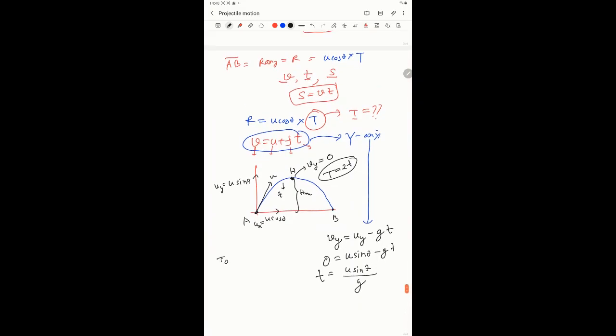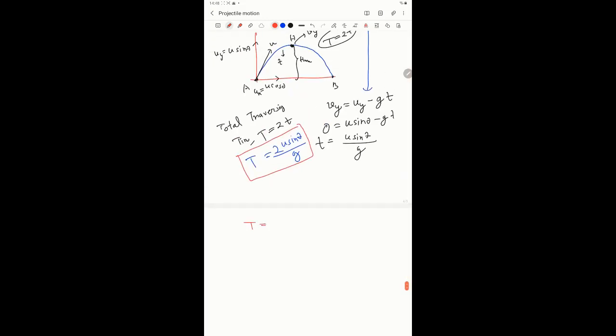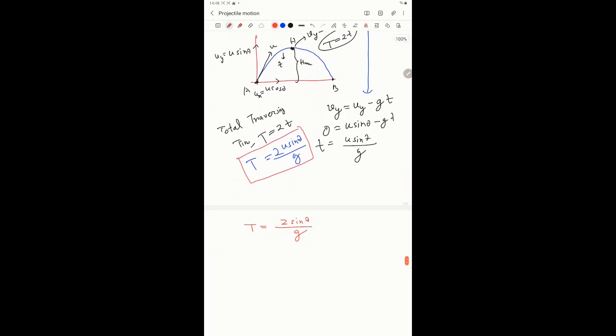Now the total traversing time, capital T, will be 2 into small t, that is 2u sine theta by g. So we know that the traversing time equals 2u sine theta by g.